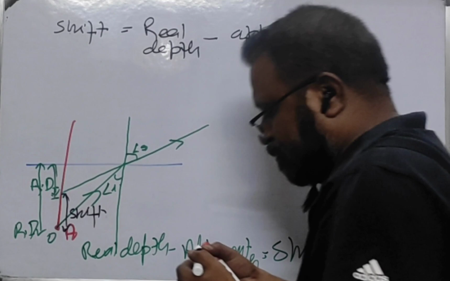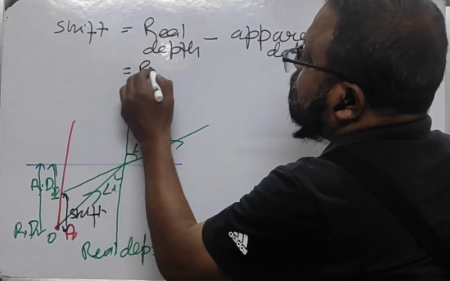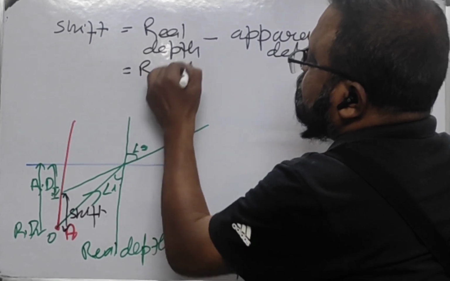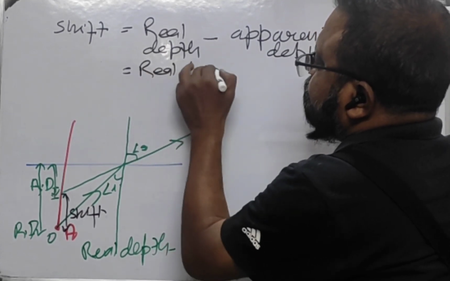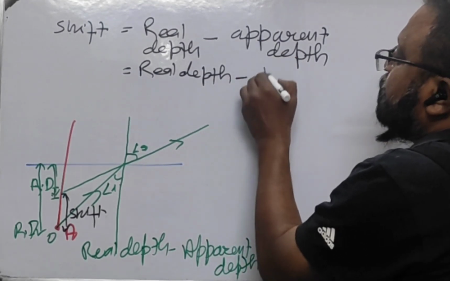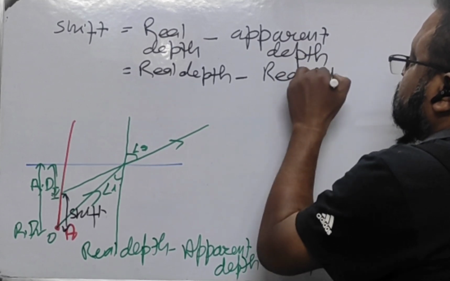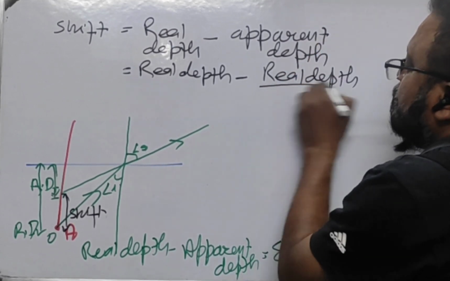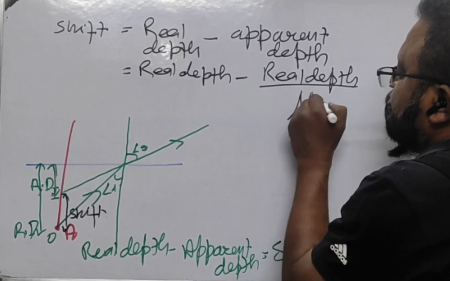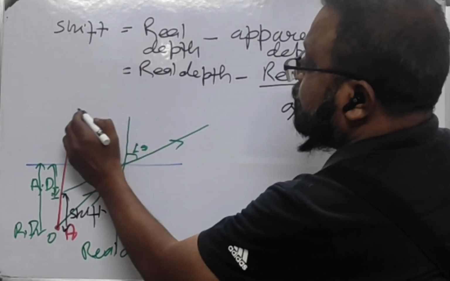Okay. So now real depth, and what is apparent depth? Apparent depth is real depth upon refractive index of medium with reference to air, right?